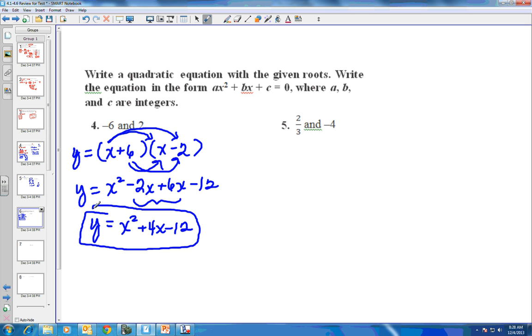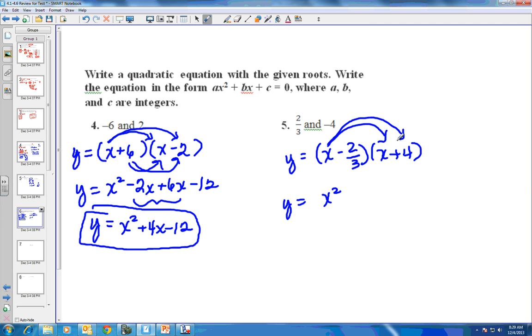On number 5, I would do the exact same thing. y equals x minus 2/3 and x plus 4. FOIL it out. x times x, x squared. x times 4, 4x.